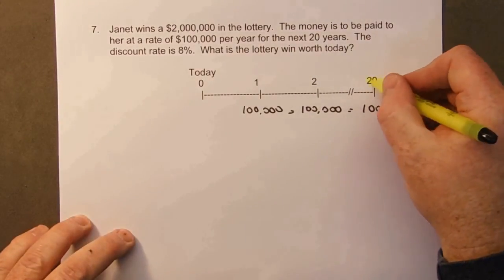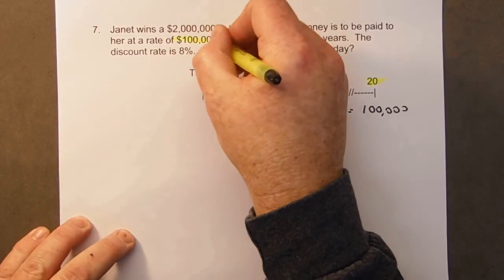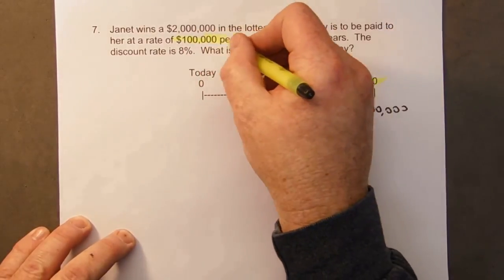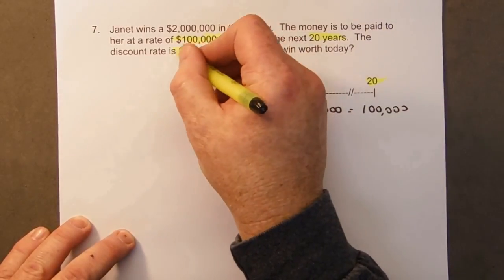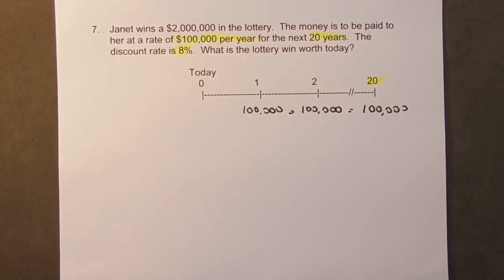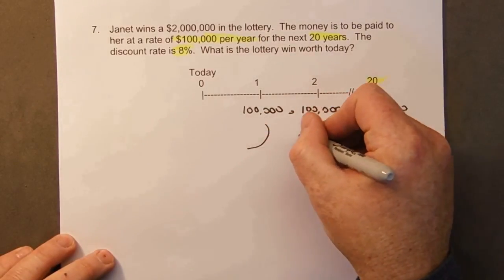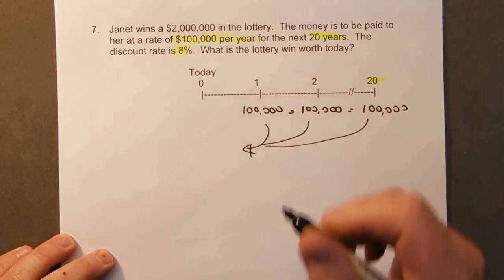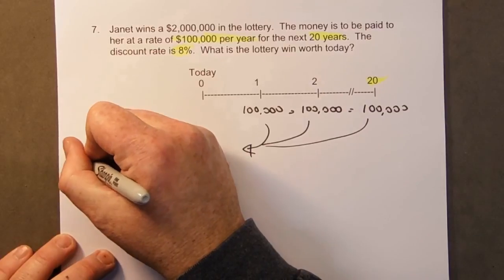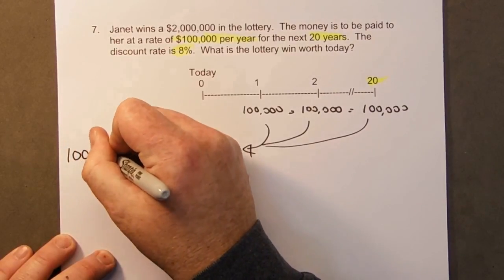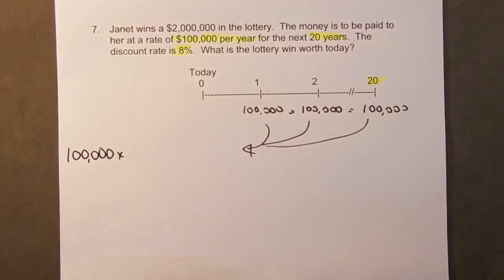The money's going to be paid out at a rate of $100,000 per year for the next 20 years. Right. And the discount rate is 8%. We could use a single payment table, but that would take a really long time because we'd have to do 20 calculations and then add them all up. So let's use the annuity table. It's much quicker. And luckily this is an annuity. They're going to pay the same amount for the next 20 years.